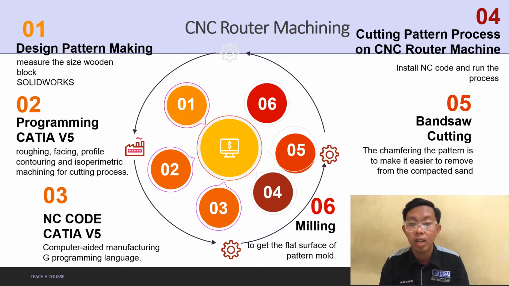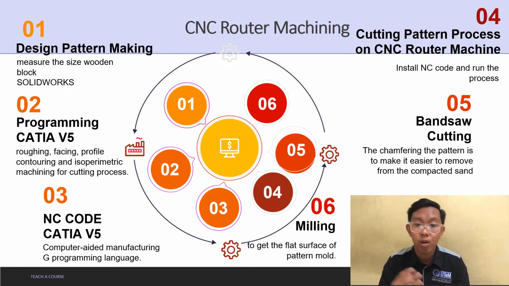Next, we make the design pattern using SolidWorks, and then transfer it to CATIA V5 for the pattern making. Following the creation of the product design in SolidWorks, we move to the CATIA V5 software for the CNC rotor machining program.